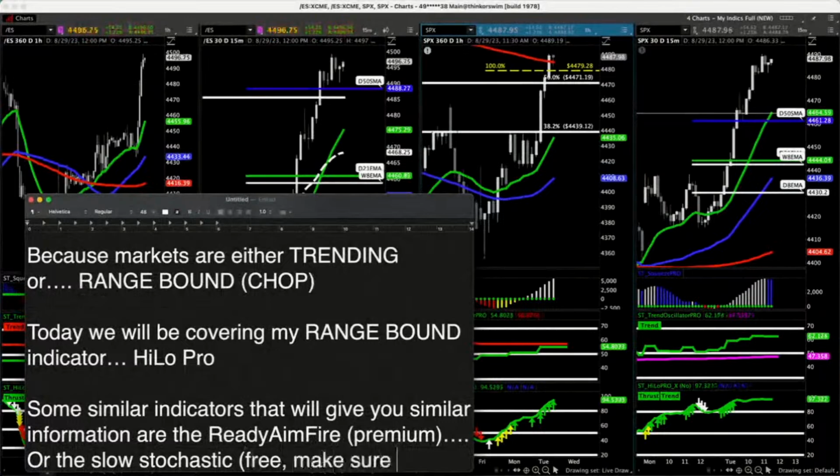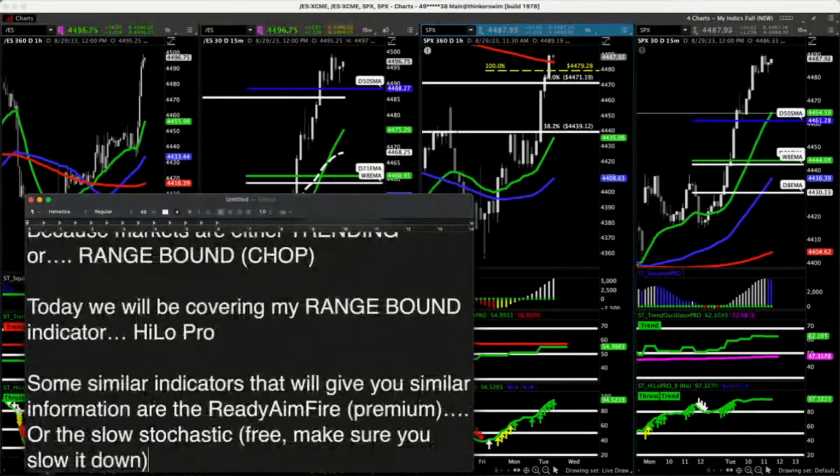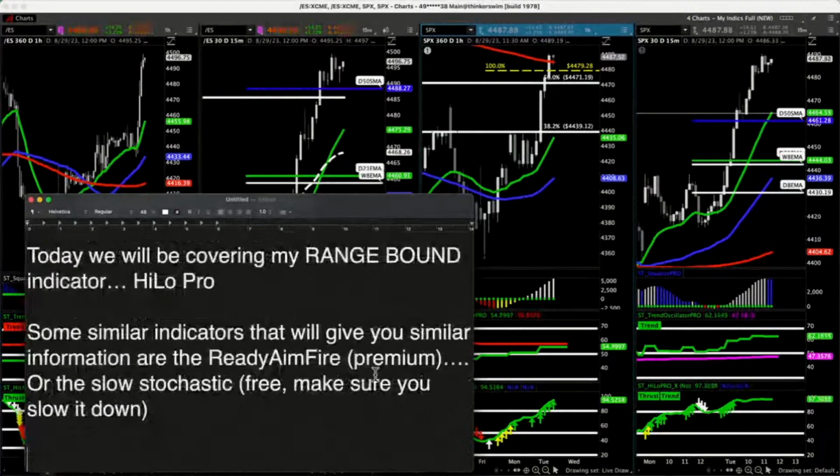Make sure you slow it down. So regardless of what flavor you like, even if you want to use something completely free, the slow stochastic makes a very decent free alternative to this.